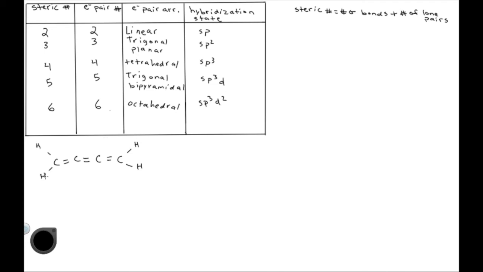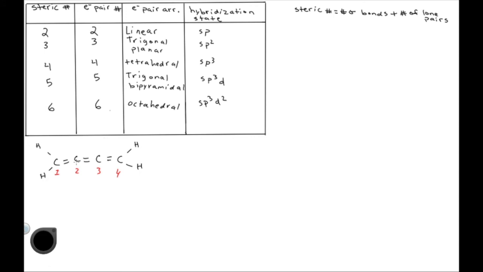So this is our final molecule. So let's number our carbons from left to right. Carbon 1, carbon 2, carbon 3, and carbon 4.